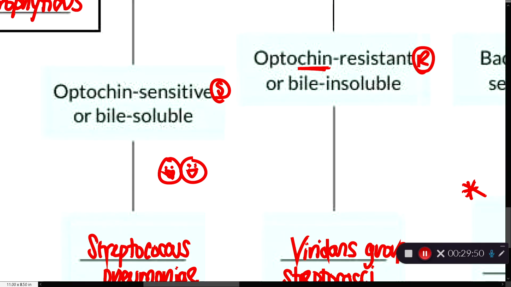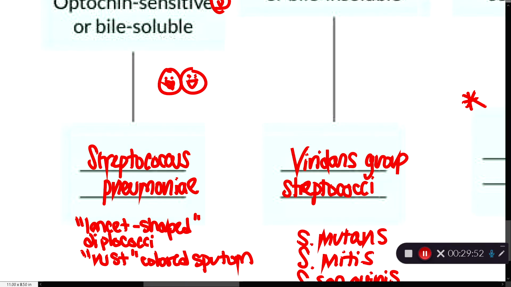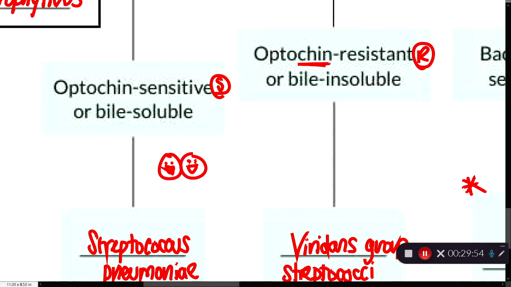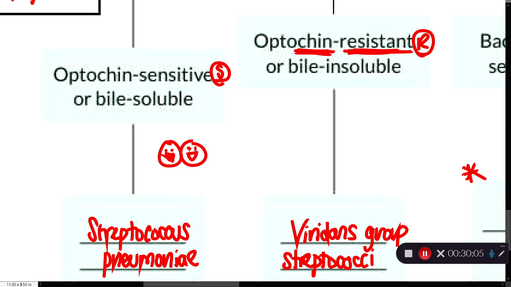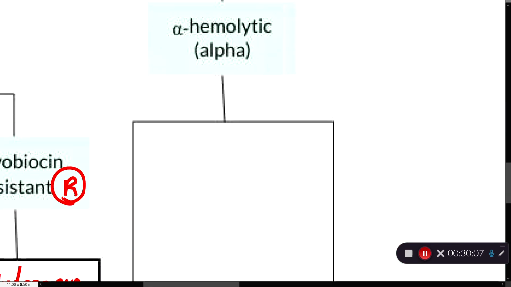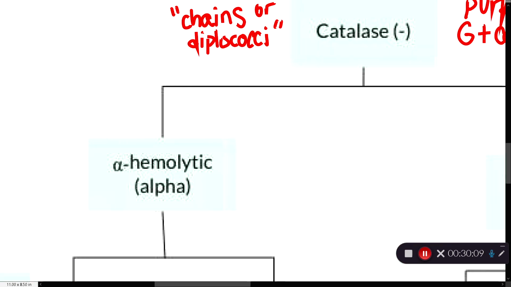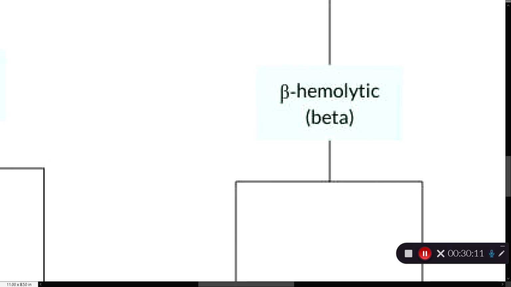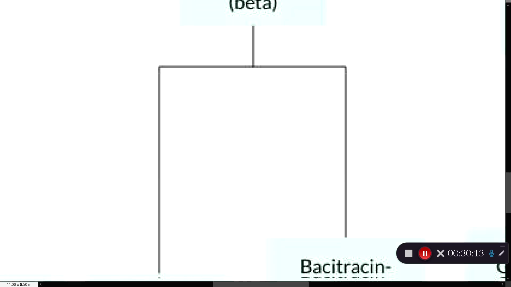And so these normal flora of your mouth are not afraid of the chin. So they are optochin resistant is one way to remember these. Okay, but these guys are both alpha hemolytic. Okay. Next, let's get to our beta hemolytic group.